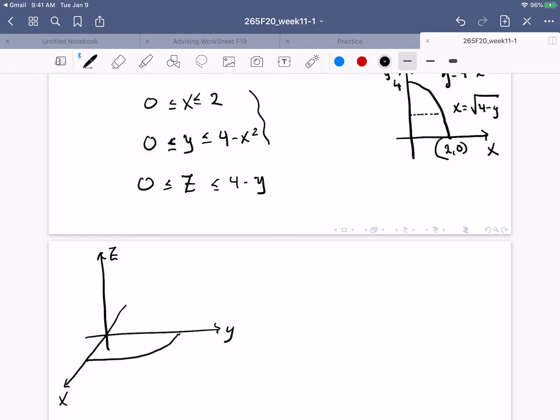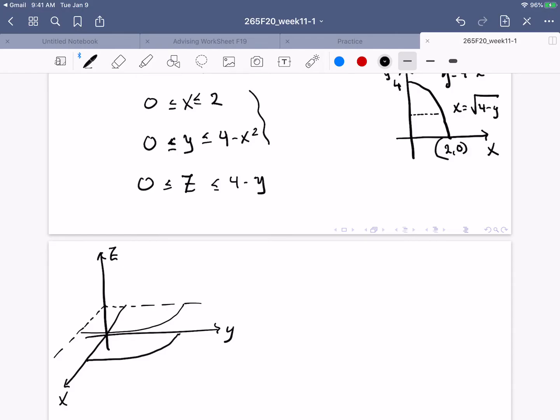And that parabola doesn't change as a function of z, so I can think of that parabola extending, it's not a cylinder, but it would be like a solid that sits between the YZ plane and the XZ plane. And so we can picture that there.